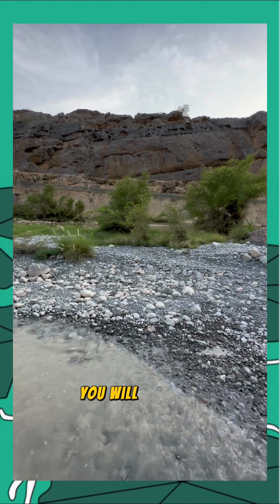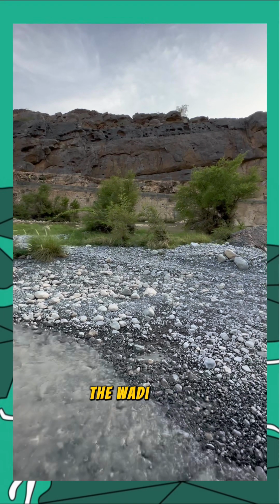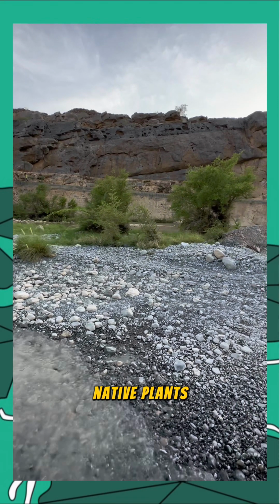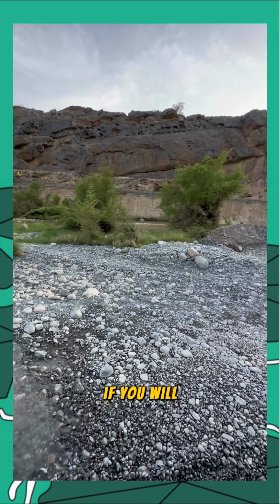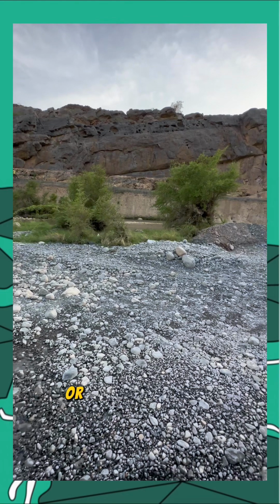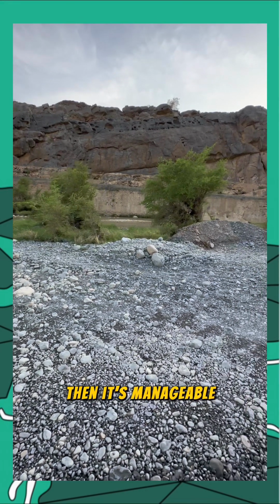So in the wadi, you will have the wadi itself, and on the banks of the wadi, there are also other native plants and also some farms. And so we want to see if these plants will compete or cause any damage there in that location. If not, then it's manageable.